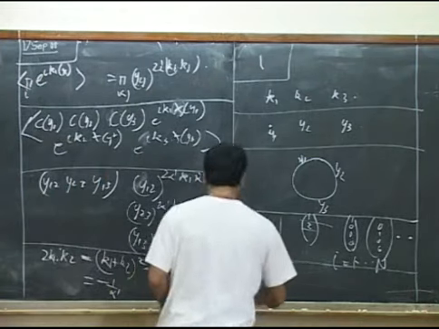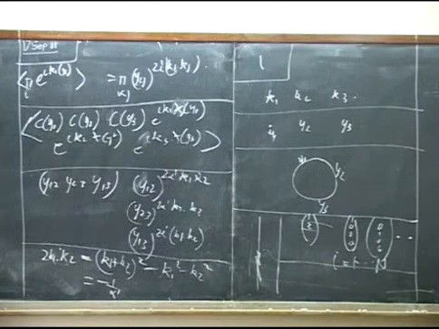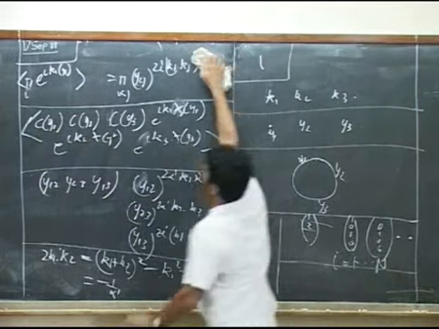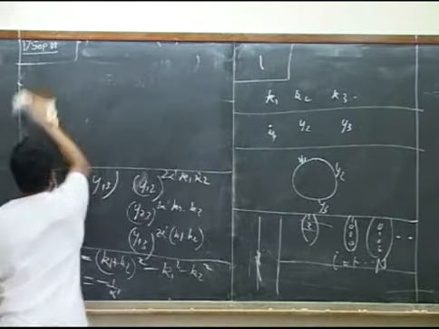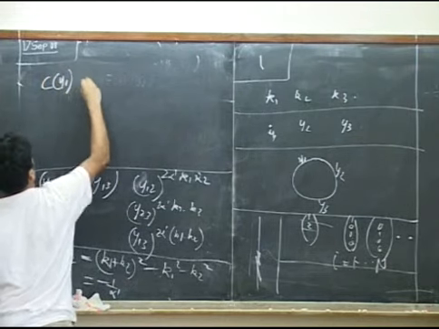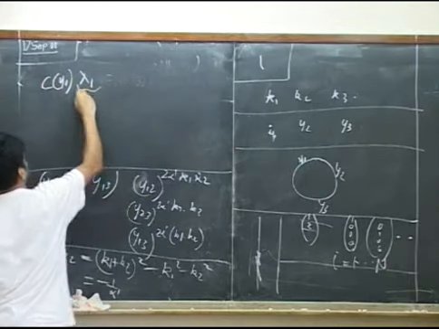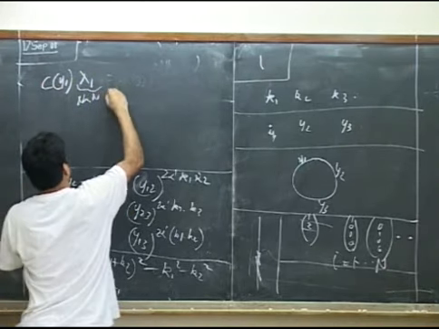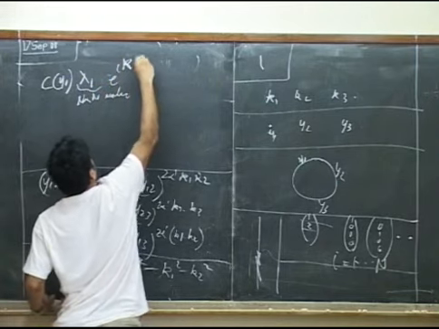So for tachyons, for instance, a fixed tachyon vertex operator will have a lambda 1, some n cross n matrix, and an e to the power ikx.